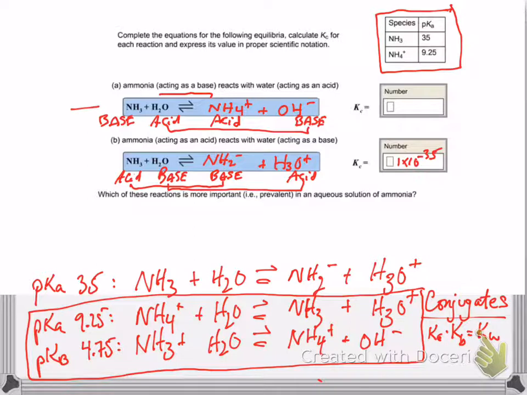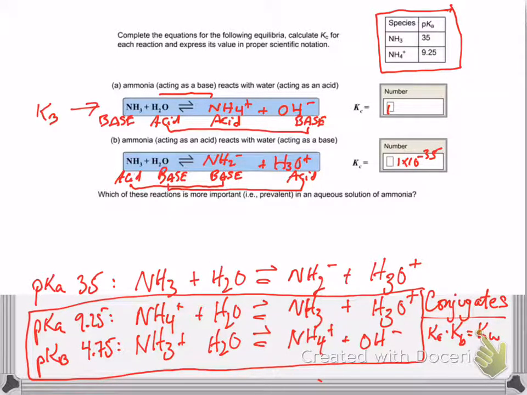Going up to the top one, we see that this is the Kb that we wrote below, with the conjugate system of ammonia and NH4 plus. So we can use the pKb derived from the pKa of NH4 plus.